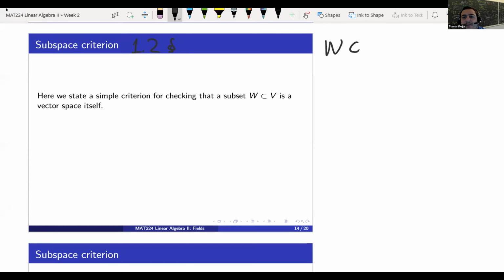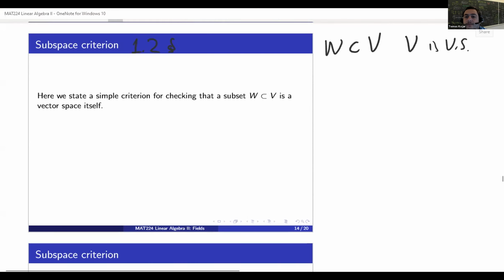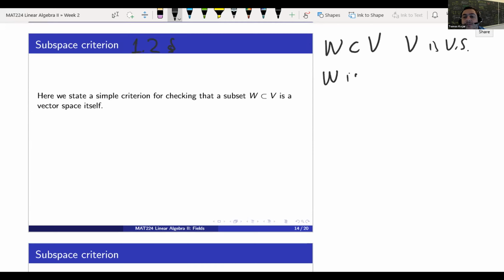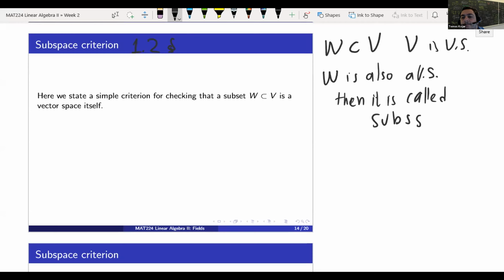If you have a subset W of V, where V is a vector space, then W is also a vector space. Then it's called a subspace. So if W is also a vector space, then it is called a subspace. That was the definition we had.